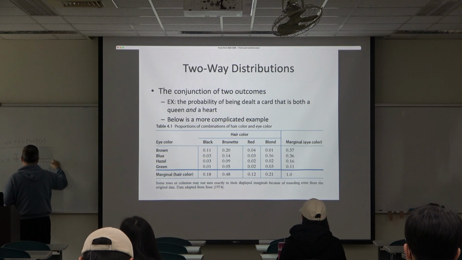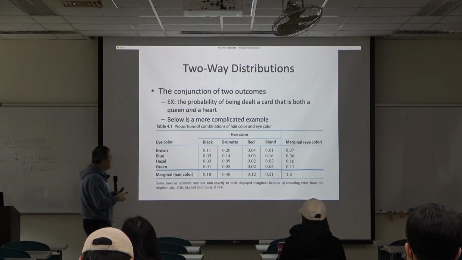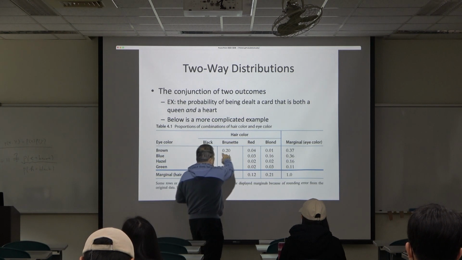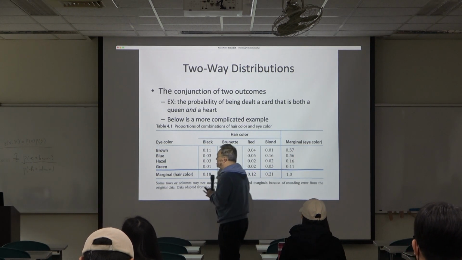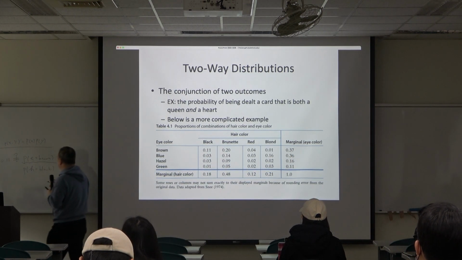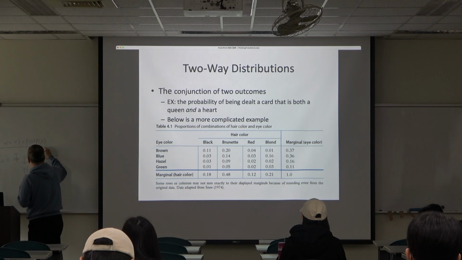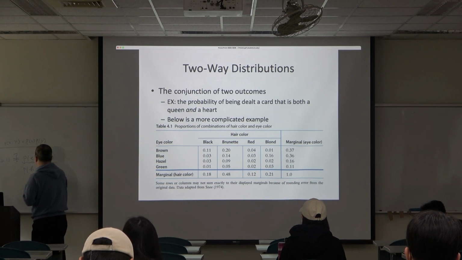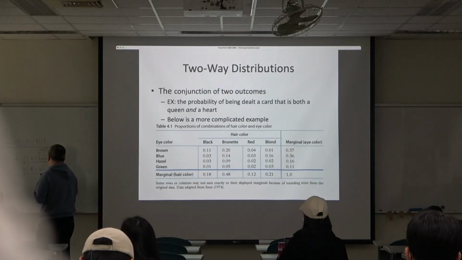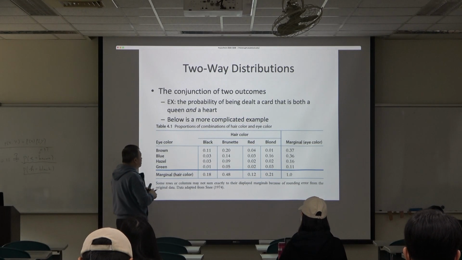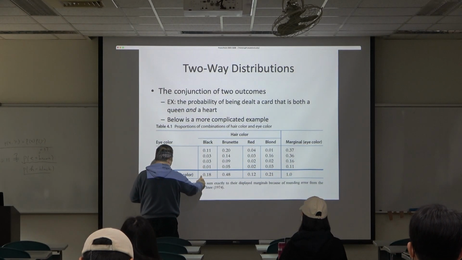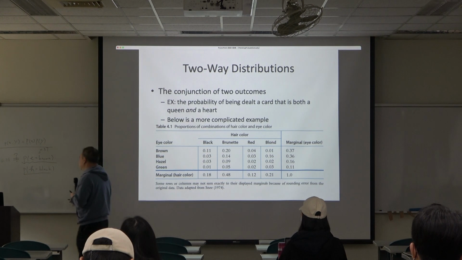The first term is the marginal probability. The brown eye is 0.37. For black hair, the marginal probability is 0.18.